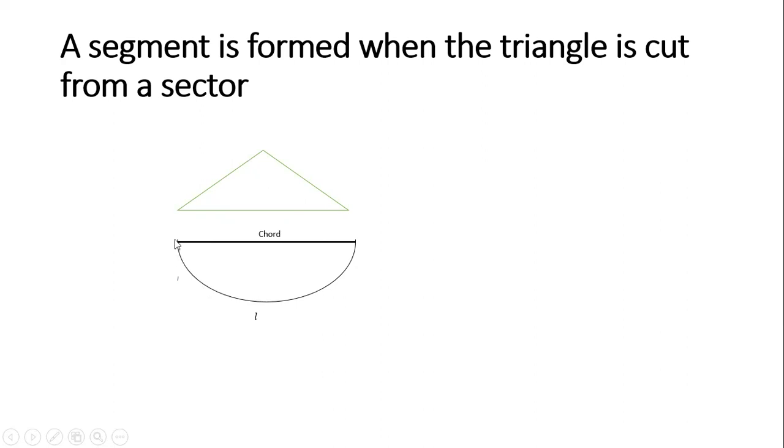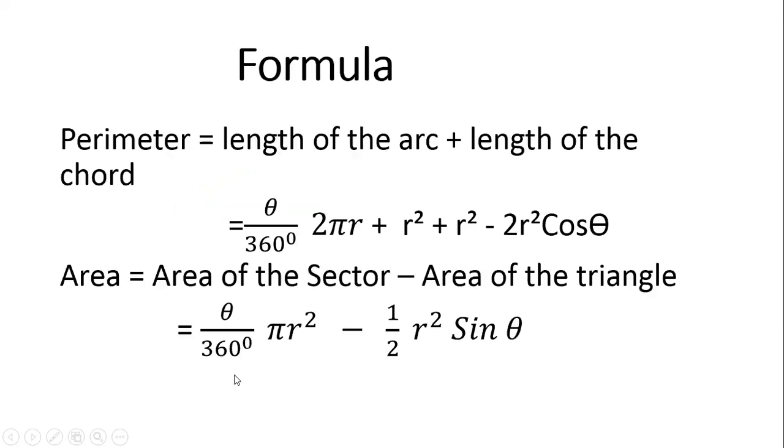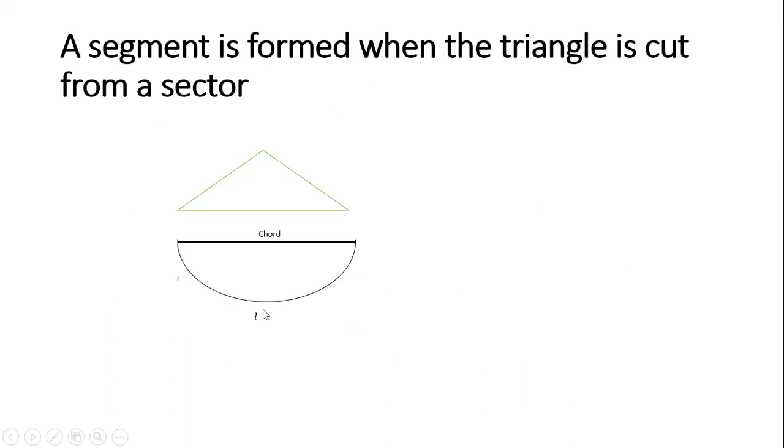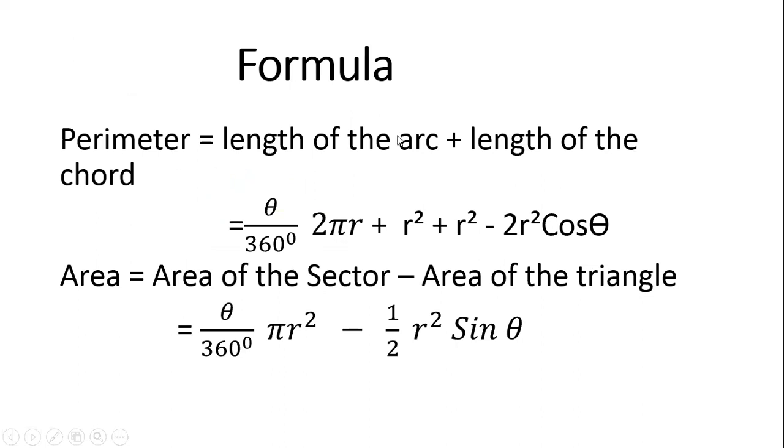So automatically, to get the perimeter, now will be what? Length of the arc plus length of the chord. You have the length of the arc, we know is theta over 360 times 2 pi r.